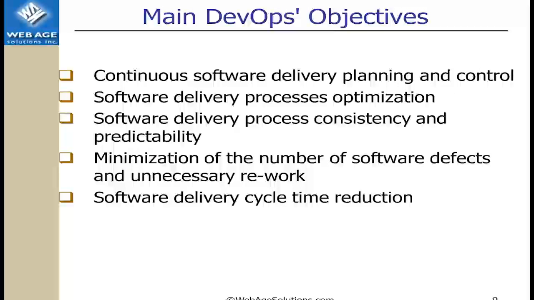So what are the objectives of DevOps? Continuous software delivery, planning and control. So software delivery is about probably change requests, probably existing project plans, and whatever drives software delivery, but those things should be governed.